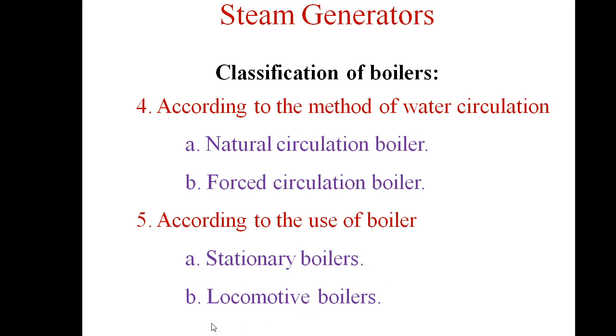And locomotive boilers are used for vehicles like trains or marine applications like ships. Such boilers move along with the application. So this is the fifth classification, depending on the use or application of the boiler, for stationary purposes or for locomotives.